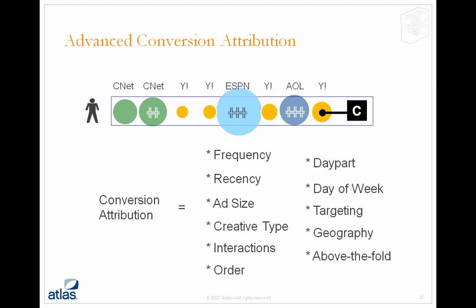It's going to make those targeted by time buys look a lot better. There's day of week, how targeted the inventory is, which geographically where the ads are delivered, that's important to some advertisers. And then things about placements, whether or not the ad was above the fold or below the fold. That kind of information can all be included too.